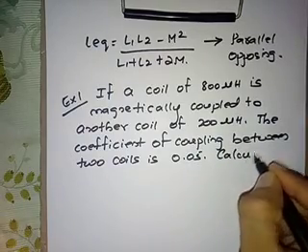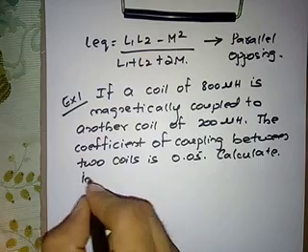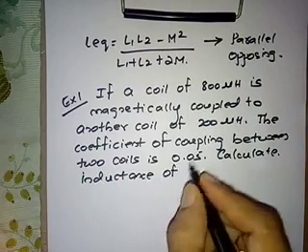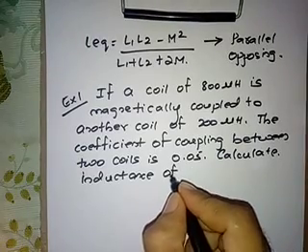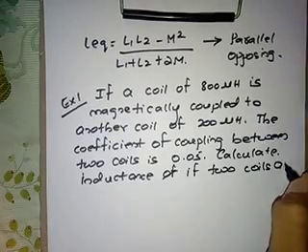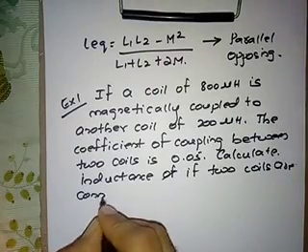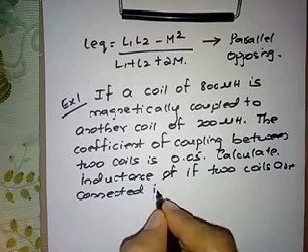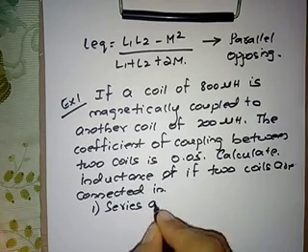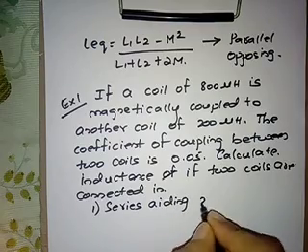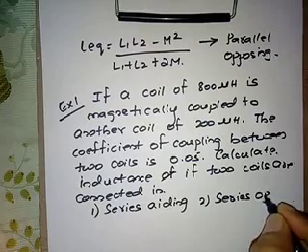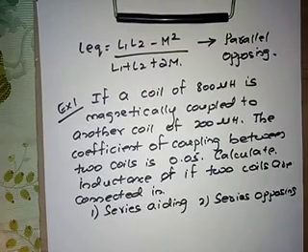Calculate the inductance if the two coils are connected, first, series aiding, second, series opposing, right?